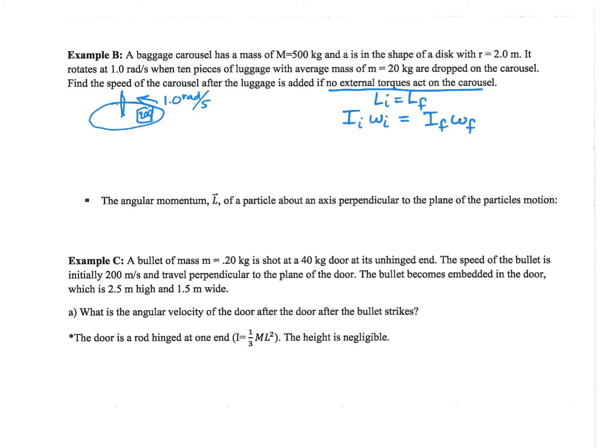Okay, so this is going to be 1/2 mr squared here times omega initial. Now, let's talk about I final. I final is going to be the combination of the 1/2 mr squared plus what? So this is the actual cart, right? Or carousel.